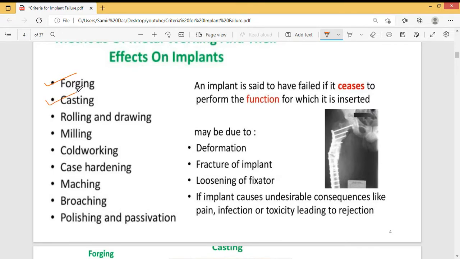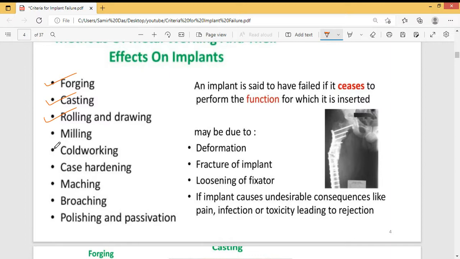Also in case of casting, we can make very complicated designs as well. In case of rolling and drawing operations, we are basically taking ductile materials as well. And for cold working, we go through hammering at room temperature, or sometimes at a temperature up to half of its melting temperature.